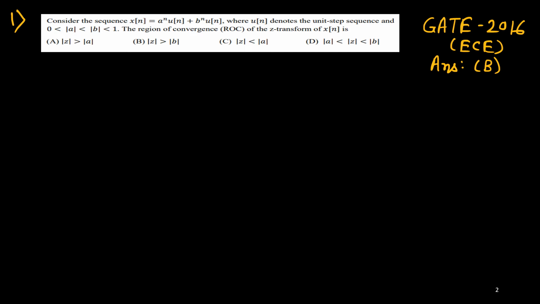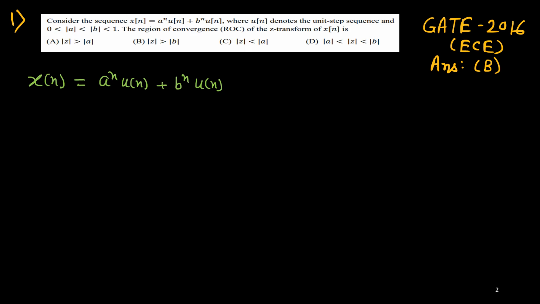To solve this, we'll consider this x[n] is a to the power n u[n] plus b to the power n u[n], right?